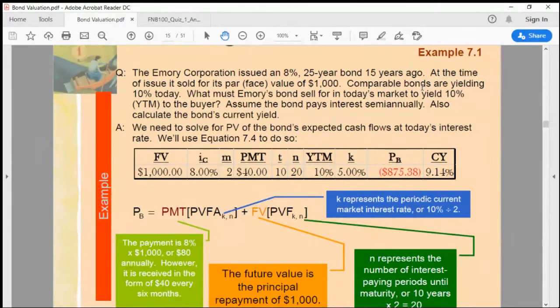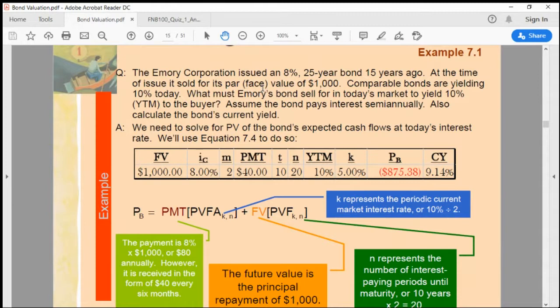So the bonds of comparable risk pay on average 10%. From this, you can already tell that previously it sold at par value. 15 years ago, when the bond was issued, it sold for par value of $1,000.